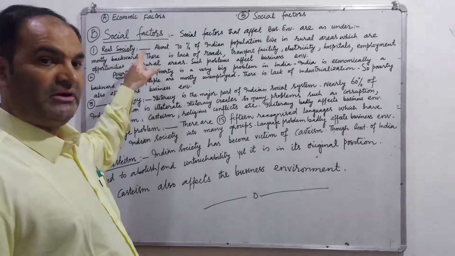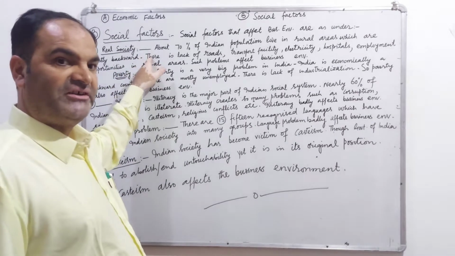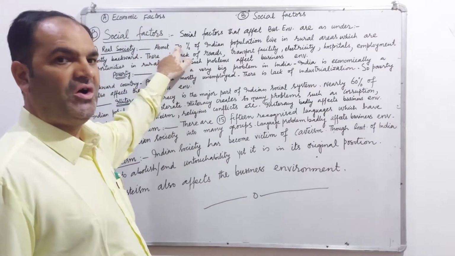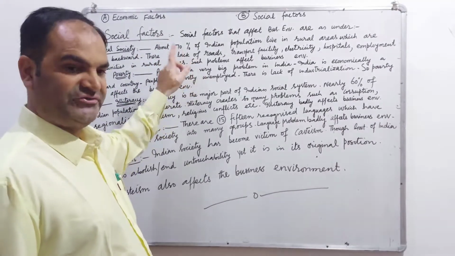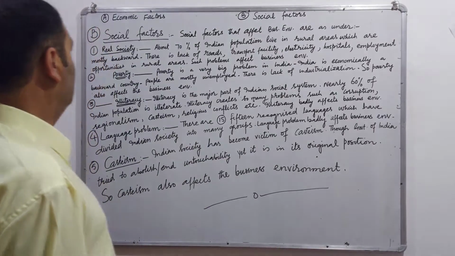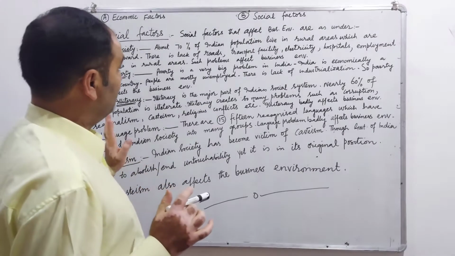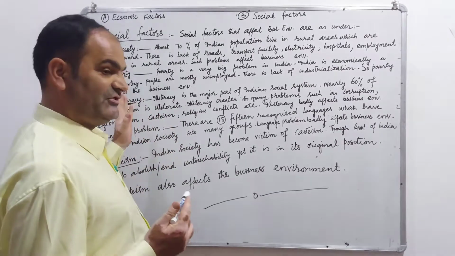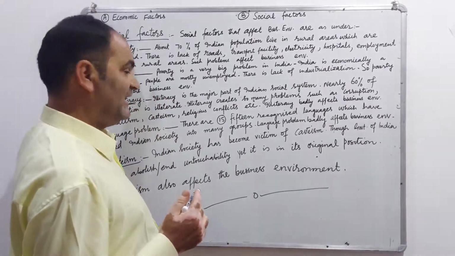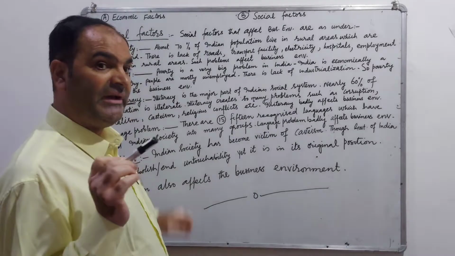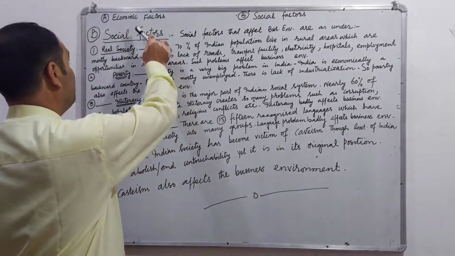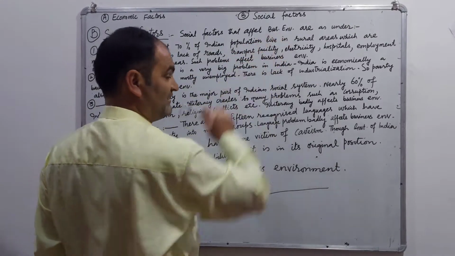Today, our topic is again factors influencing business environment or entrepreneurial opportunities. Now, we are aware that there are two main factors influencing business environment, that is economic factors and social factors.